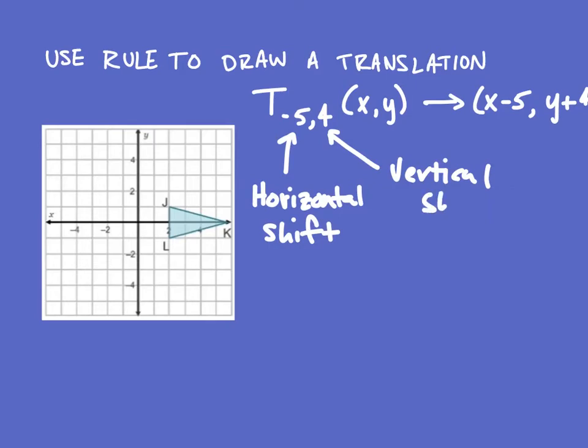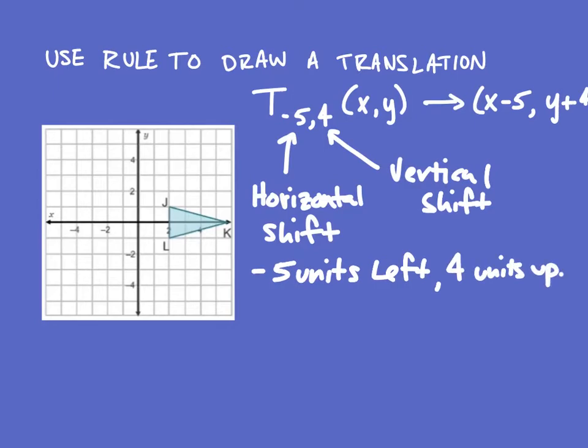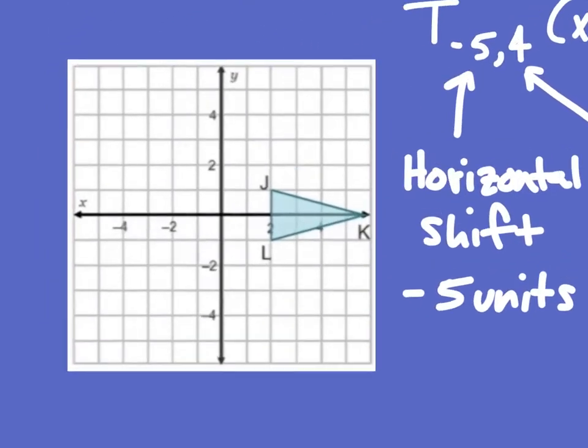And so what you can do is actually just write out that you're going to move this 5 units left because we're negative, and 4 units up because we're positive. All right, so the signs tell us to go, if it's negative, we go left. If it's positive, we go right. If the y value is negative, we go down. Positive means we go up, okay?